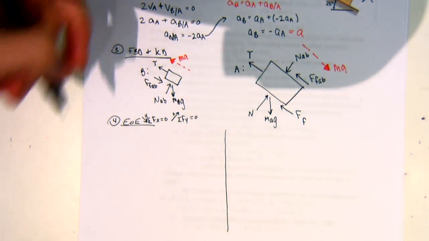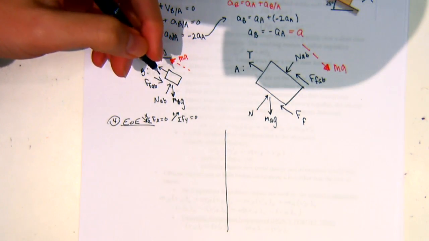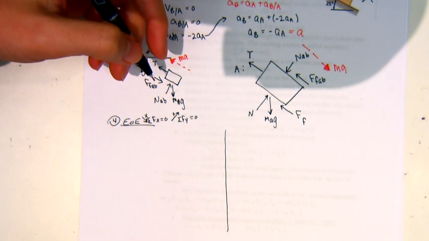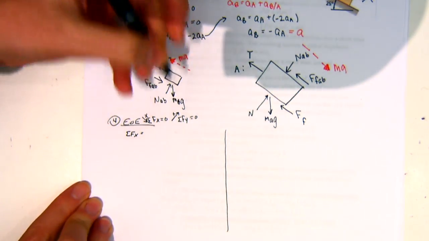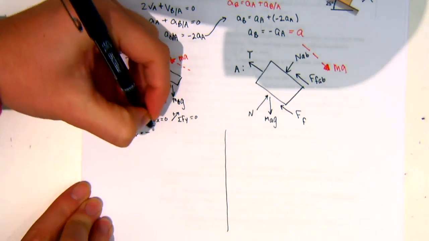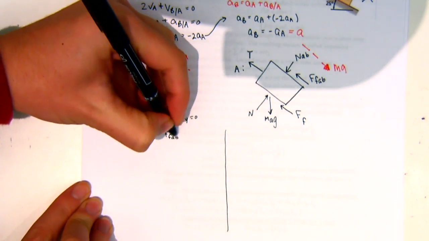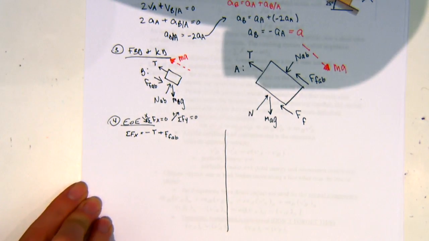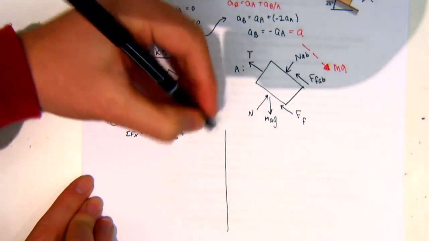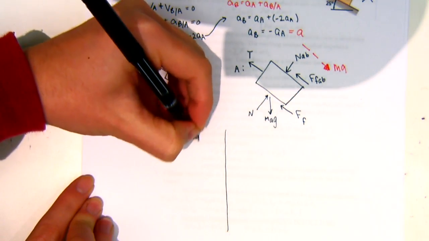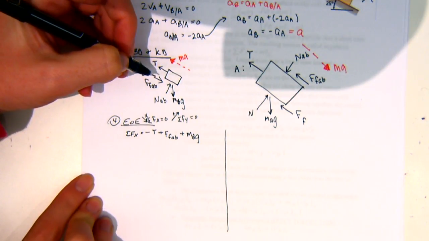So for block B, I have the sum of forces in X equal to, so I have negative T, I have plus FAB, so the force of friction between A and B, and then I have plus MBG, and is that angle going to be sine or cosine?